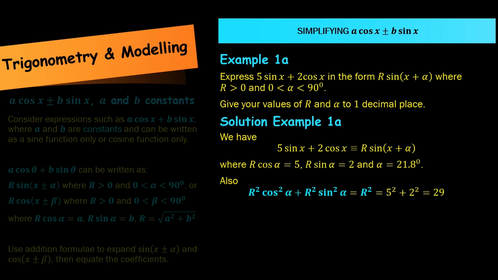We also have that r squared cos squared alpha plus r squared sin squared alpha is equal to r squared, since of course cos squared plus sin squared is equal to 1. So r squared equals 5 squared plus 2 squared, which is equal to 29. And therefore, r is equal to root 29, which is equal to 5.4.